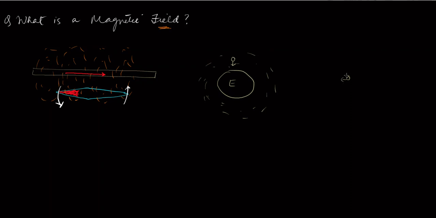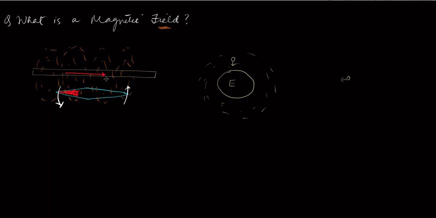For example, a spaceship which is so far doesn't get attracted towards the Earth. Why? Because it is outside of this region. So that region surrounding the Earth in which the gravitational force can be felt is called the gravitational field. Similarly, the region surrounding a current carrying wire in which the magnetic effects can be felt is called a magnetic field. Okay, so that's magnetic field.